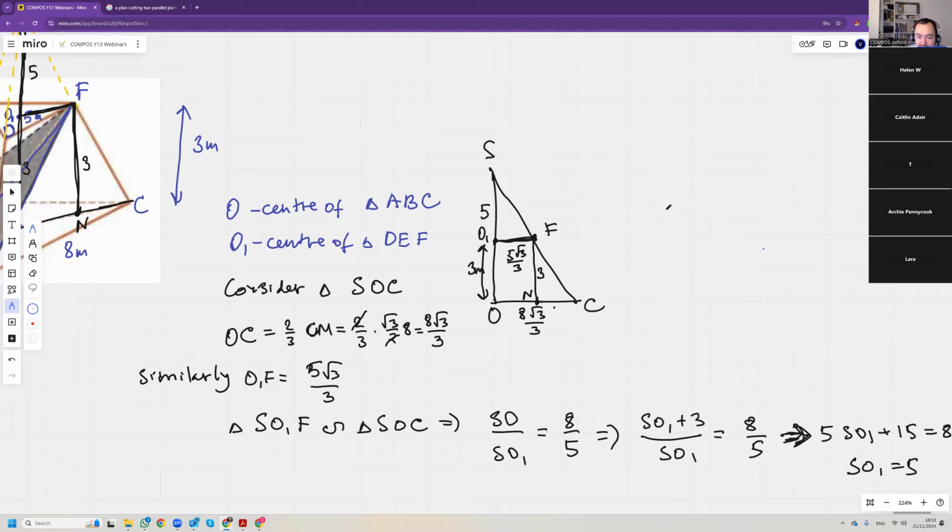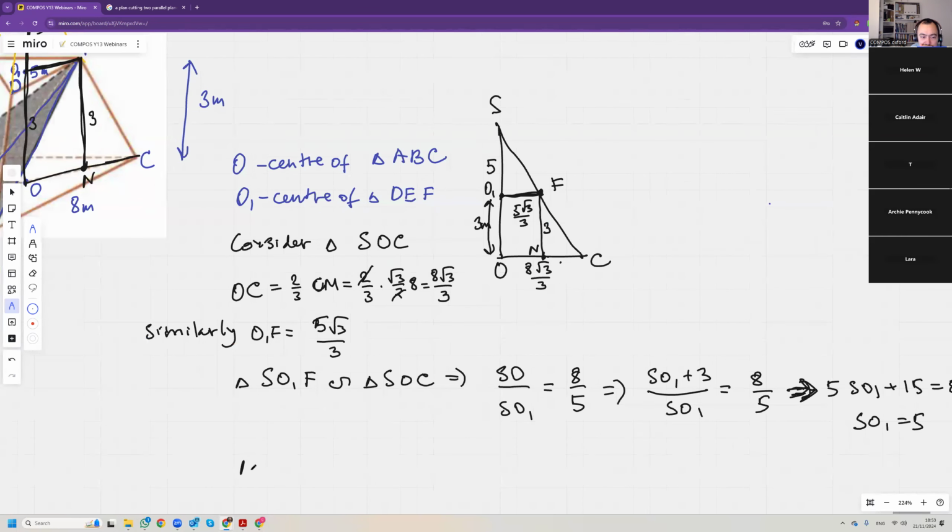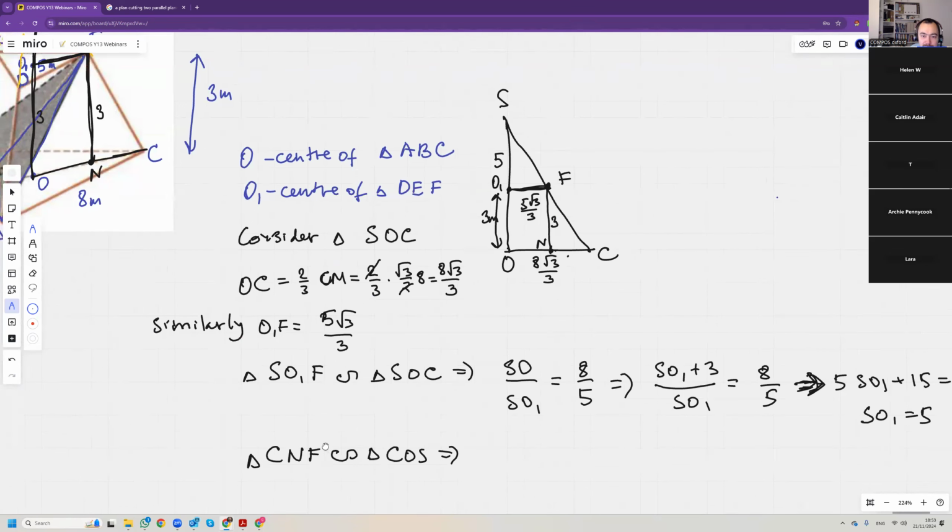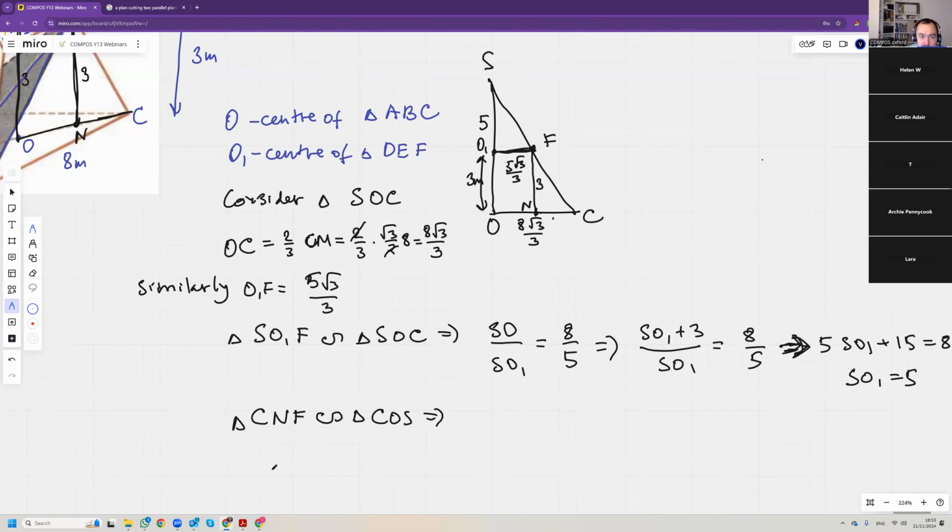So triangle CNF is similar to triangle COS. Therefore, the ratio SO to OC is the same as FN to NC.